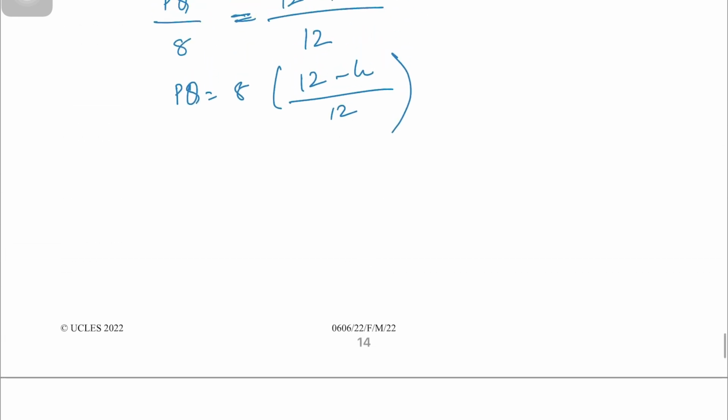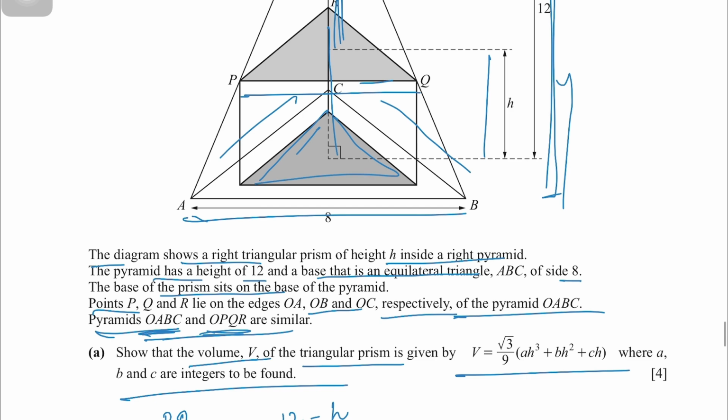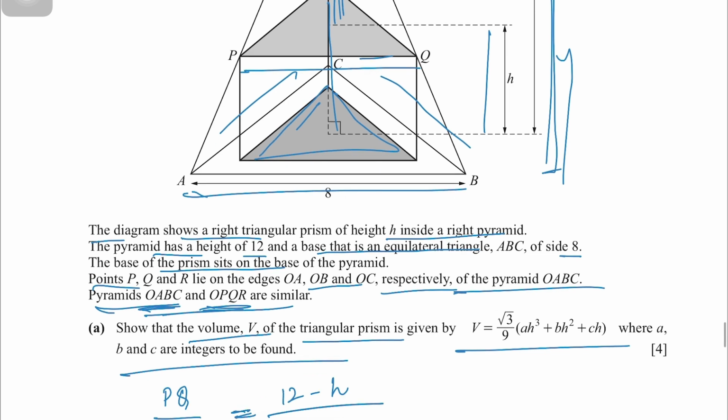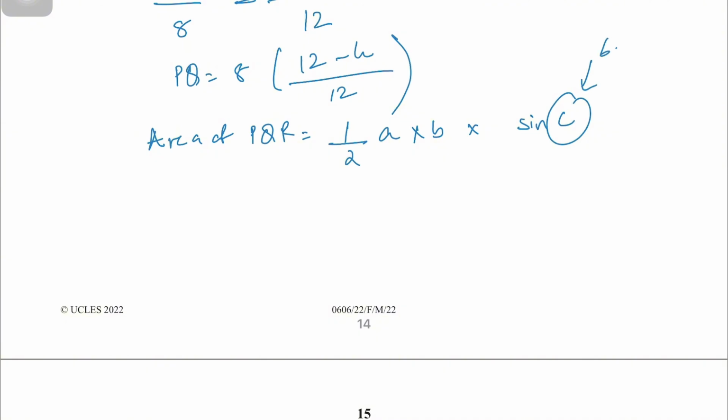Thankfully we have some space here. Now, since this is an equilateral triangle, the area of PQR can be calculated easily. Area of PQR can be calculated as 1 over 2 ab sine C, and this is basically 60, and this a and b is this PQ.